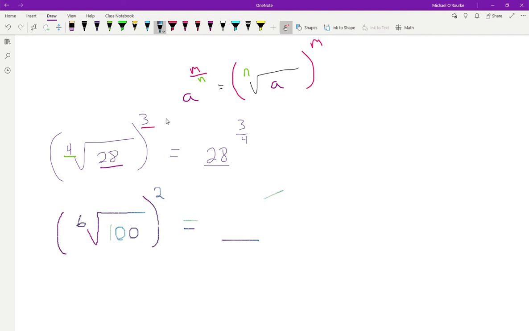Pause if you need more time. Where's my purple? Purple, green, and red. So my answer is going to be 100 to the power of 6 and 2's there.